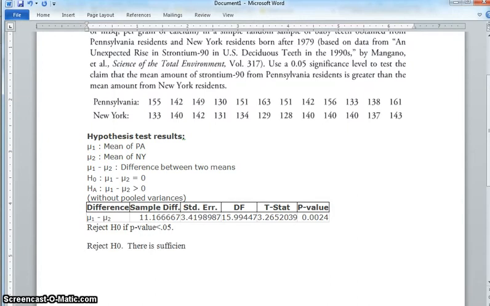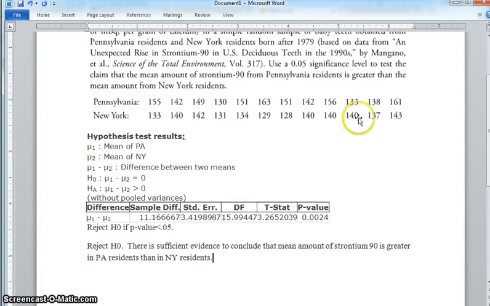There is sufficient evidence to conclude that the mean amount of strontium-90 is greater in Pennsylvania residents than in New York residents. Okay, so that's the first problem.